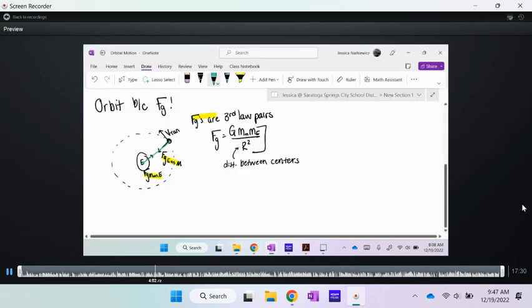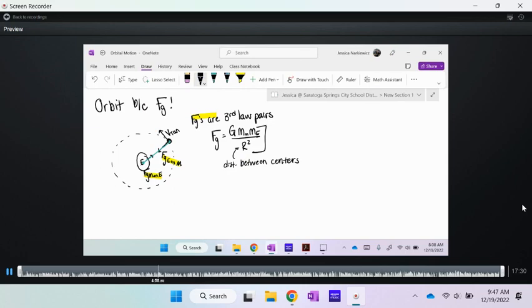So, for a satellite or a moon or anything that is orbiting, the net force acting on it is the force of gravity. And that net force is causing us to move in a circle, so we can say that that net force is a centripetal force.